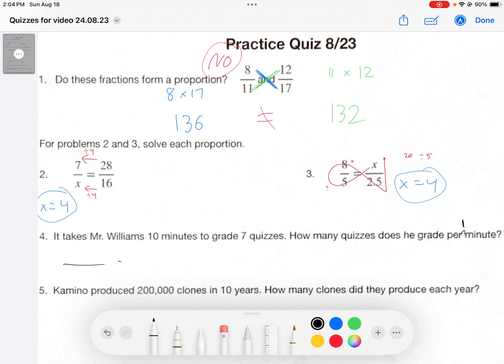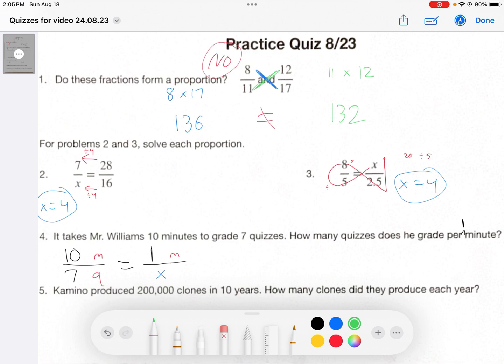So if I set up my proportion, then I've got 10 minutes for 7 quizzes, and I'm being asked to find how many quizzes I grade in 1 minute. And the nice thing about a unit rate problem is that it usually boils down to just a simple division.